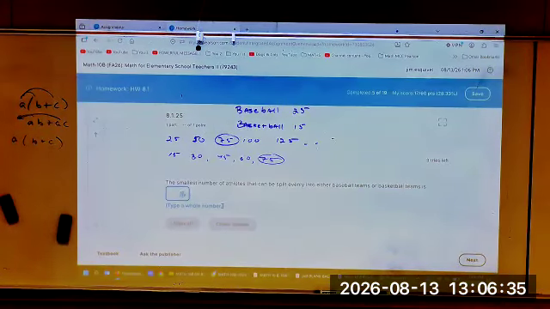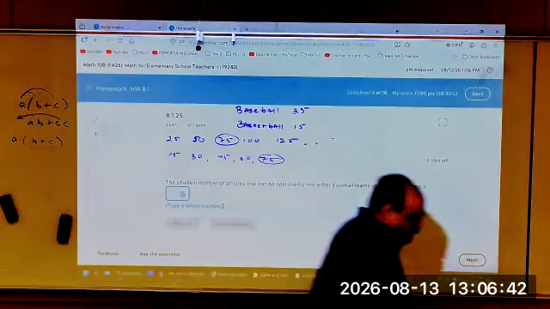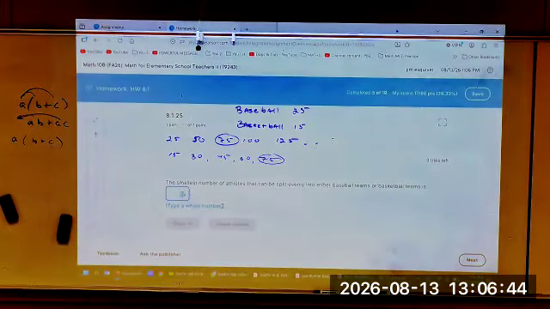That's the smallest number. That's the least common multiple.